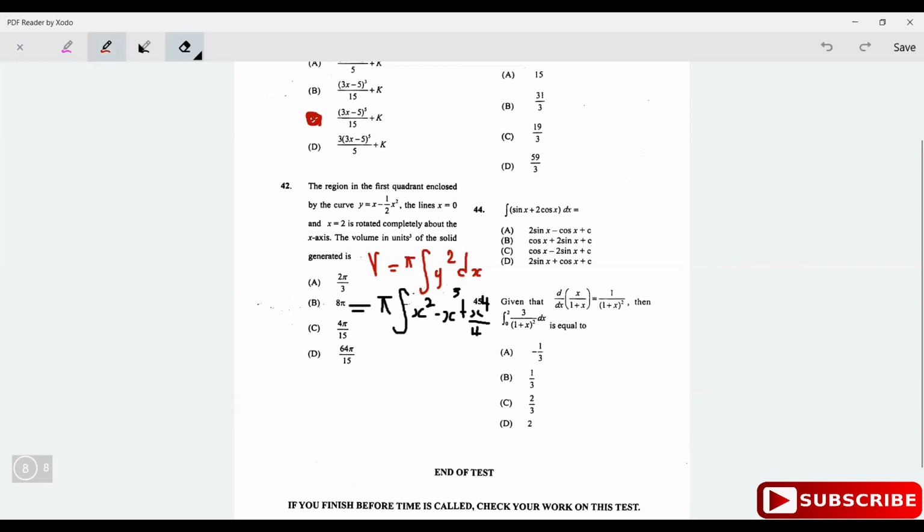Now this looks a little better, a little more space. So the volume is equal to pi times, and we were integrating and getting x cubed over 3, minus x to the 4 over 4, plus x to the 5 over 20.